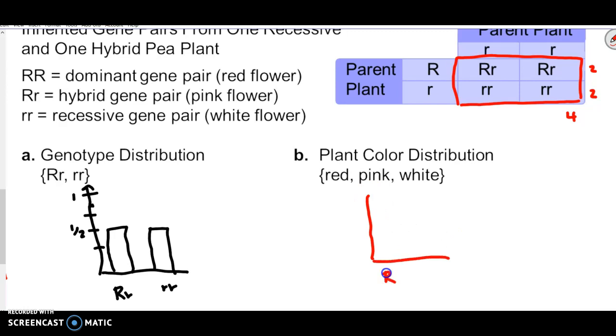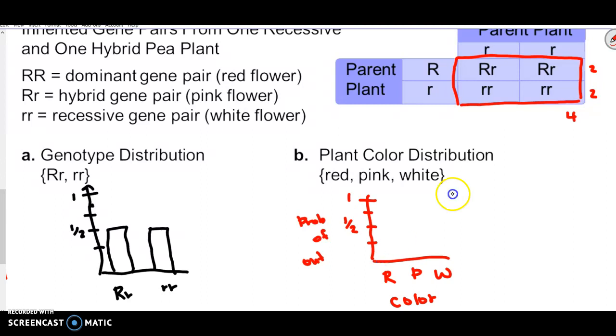We have red, we have pink, and we have white. And I'm going to go ahead and mark these off. Okay. And so this is the probability of the outcome, and this is the plant color.